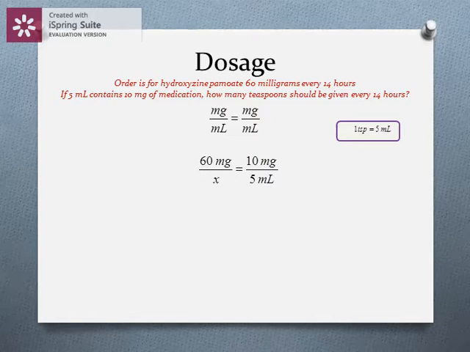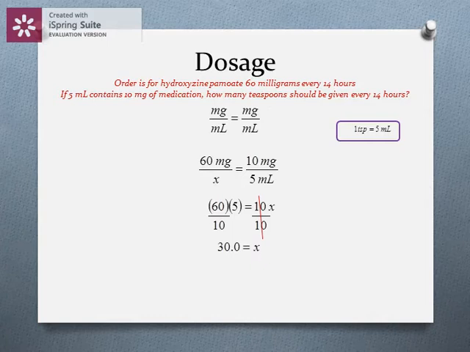But I also know that for this substance, my container has 10 milligrams of the medication in every 5 milliliters. So with that, I can complete my proportion by cross multiplying, and then of course I'll divide and discover that there are 30 milliliters that I'll have in order to have my 60 milligrams.